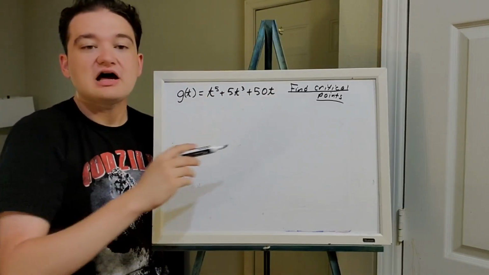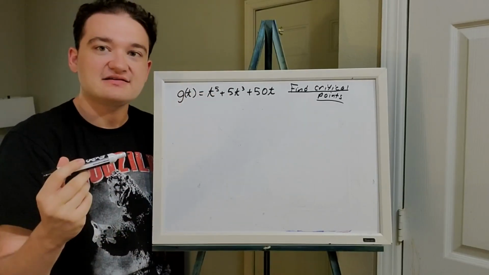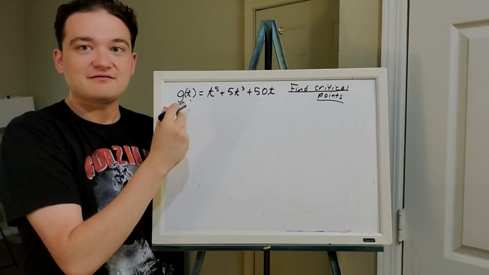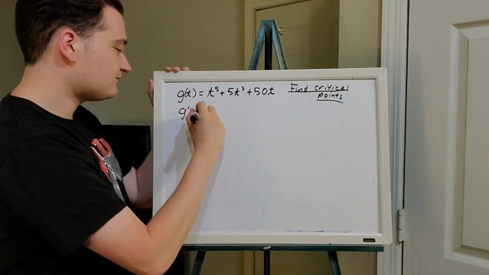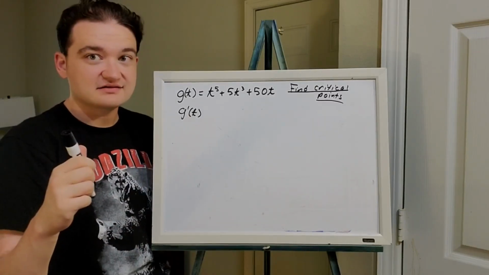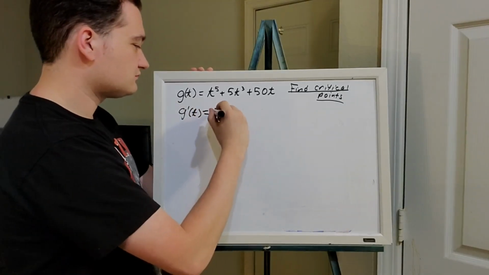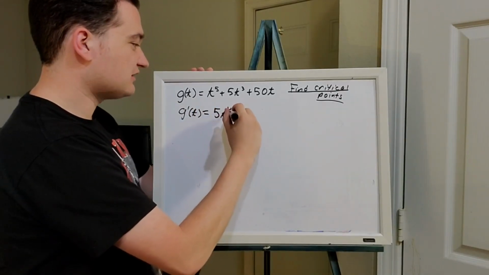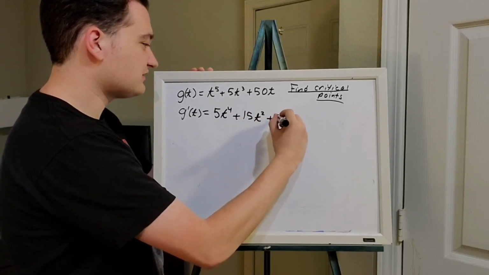Critical points of a function, like the critical points of g of t, are just the places where the derivative of this function, so that's going to be g prime, is 0 or nonexistent. So first let's take this derivative: 5t to the 4th plus 15t squared plus 50.